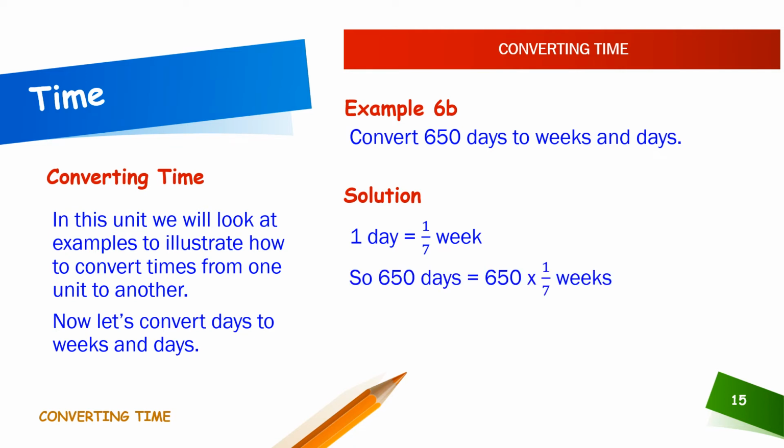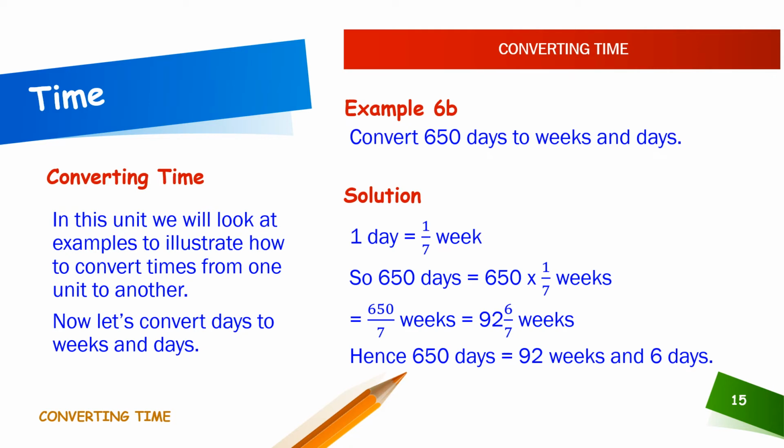Therefore, 650 days equals 650 times 1 over 7, which equals 650 over 7, which is 92 and 6/7 weeks. Therefore, 650 days equals 92 weeks and 6 days.